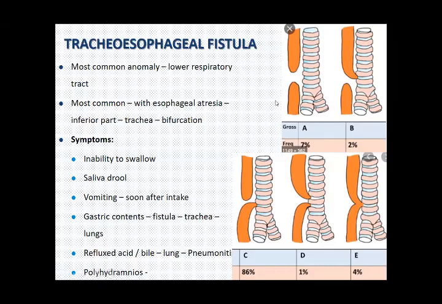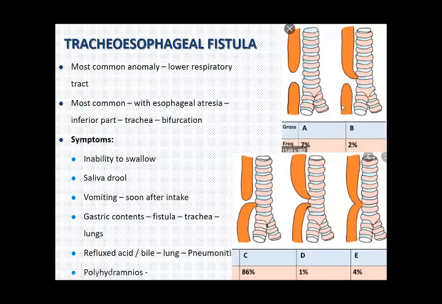So let's come to the different types. We have discussed this type in detail. We said that the two ends of the esophagus end blindly. So this is not a classical TE fistula. It is simply esophageal atresia. In this type, which is only 2% in frequency, the upper end of the esophagus communicates with the trachea.